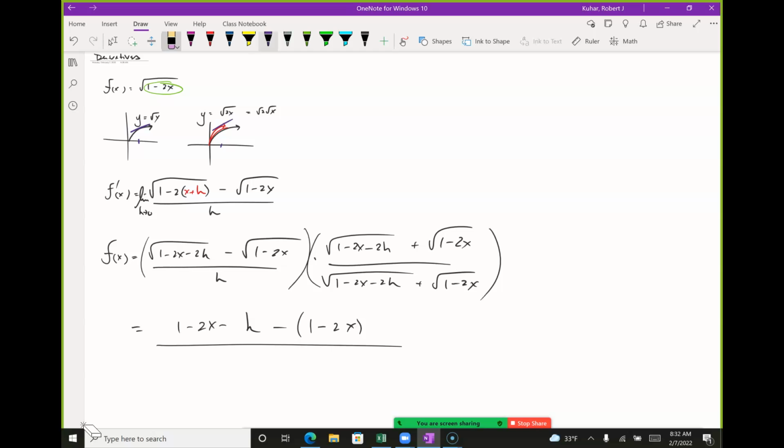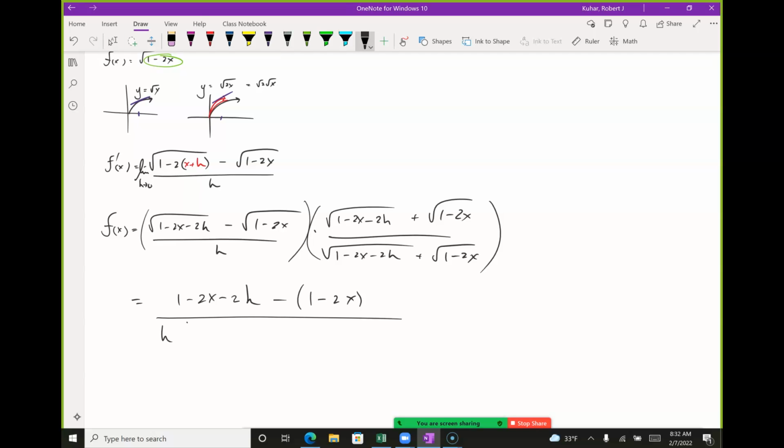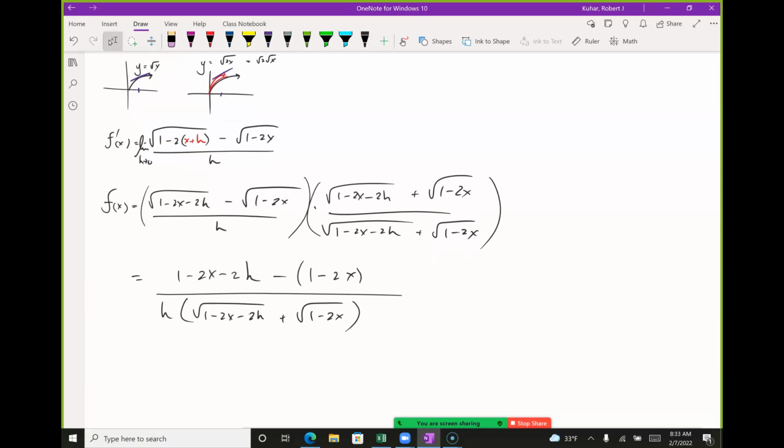And you really should not be copying me here. You should be just kind of motoring ahead. Everyone okay with that step? Right.